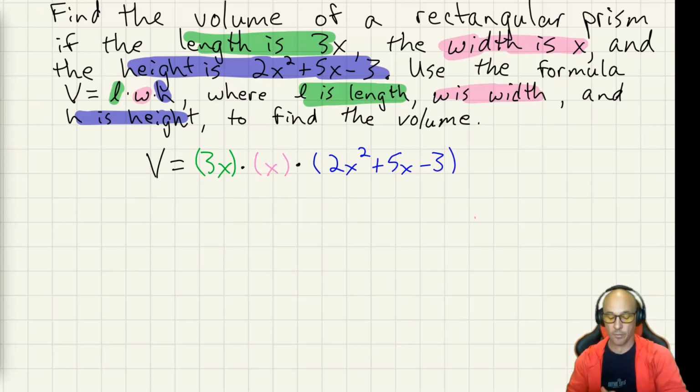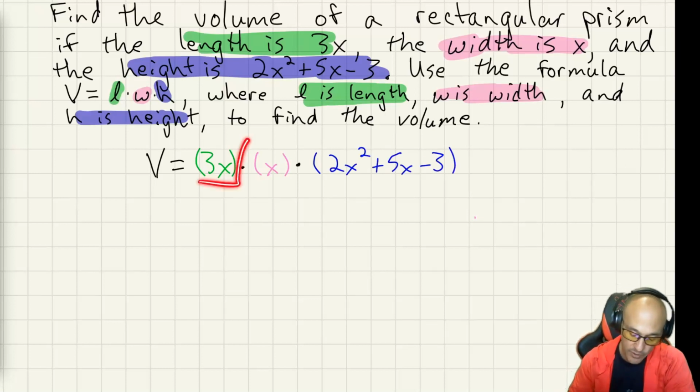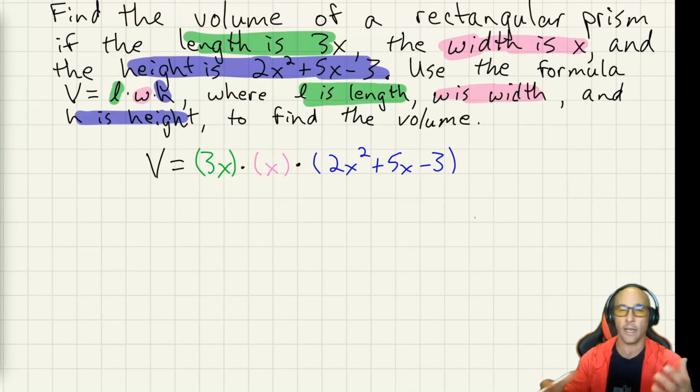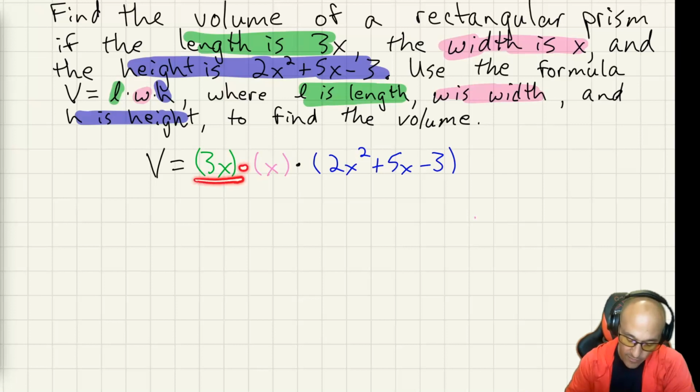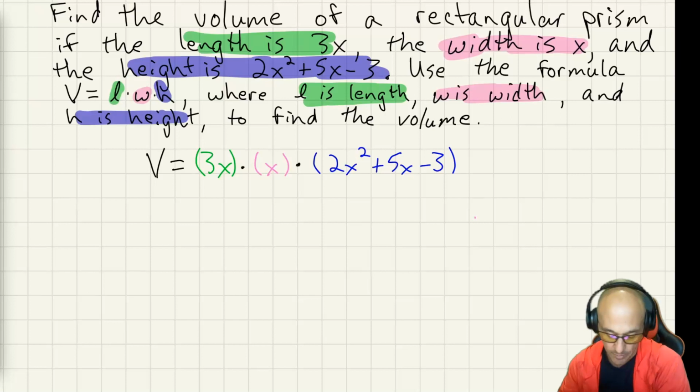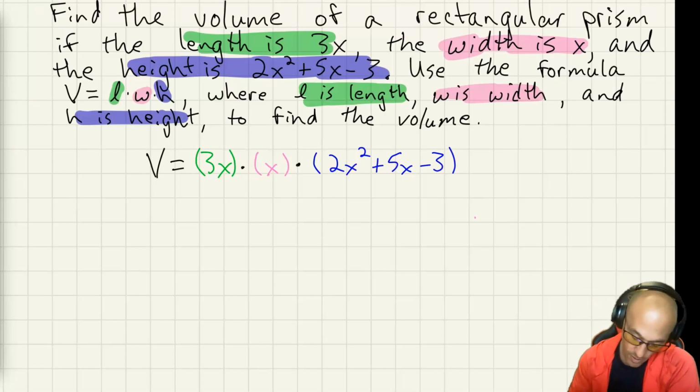The reason I'm putting it in parentheses is because let's suppose that this was a binomial and this was a binomial, then we would have to remember to distribute or FOIL, because we have to multiply all of whatever this is by all of whatever that is, and then the result of that by all of that. So it's a good idea to put it in parentheses. It's not so obvious on this one, where it's a little bit easier.